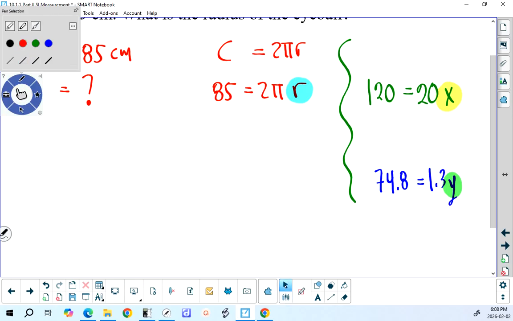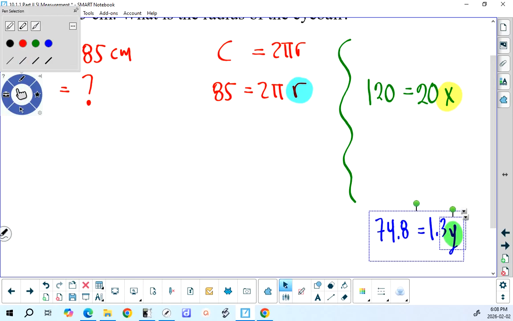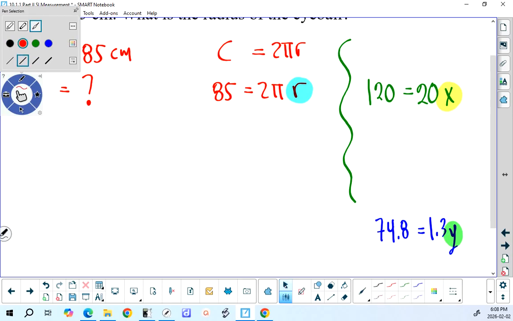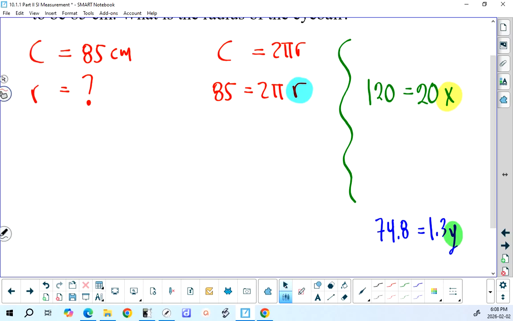And when we're looking at solving the equation that I have in green, what you can do is say that since 20 is being multiplied by x, if we want to isolate x, we got to get rid of the 20. Well, how do you get rid of multiplication? The answer is you do the opposite, which is to divide. And if you divide one side of this equation by 20, you must divide the other side by 20.